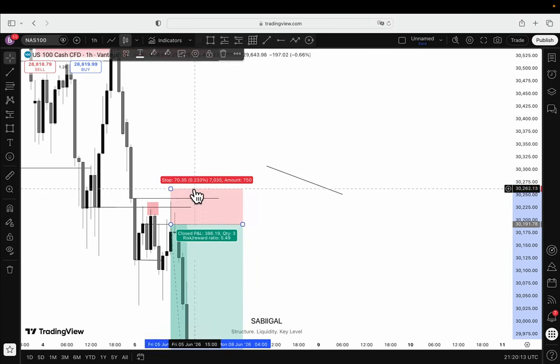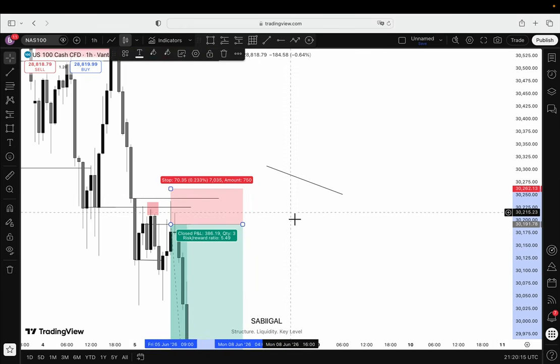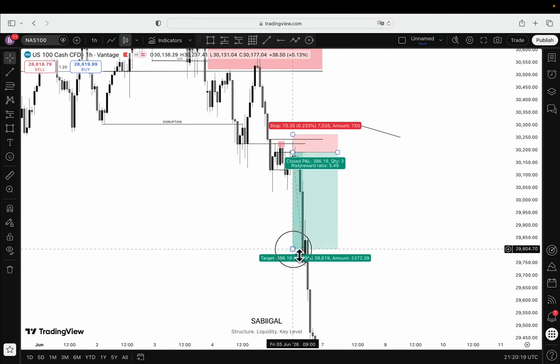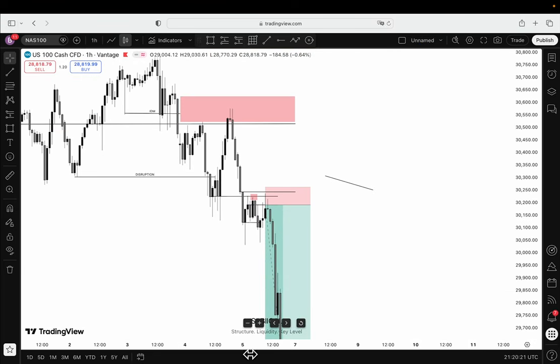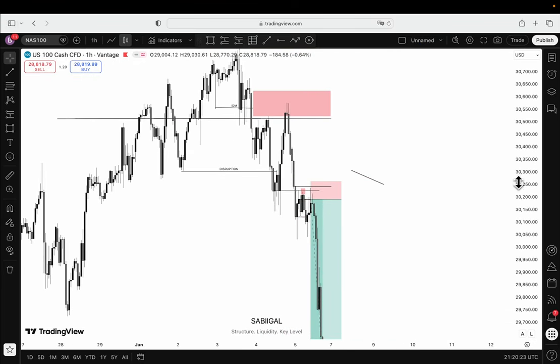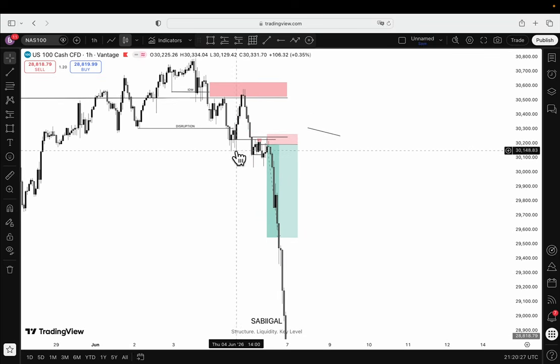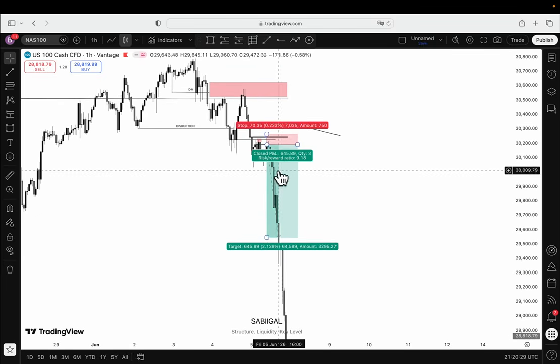So I just put my SL above it, and that was how I got this trade. As simple as this, getting your directional bias from the lower time frame. Now aside from QM, you can also get every other confluence and then follow up with resistance becomes support as continuation.